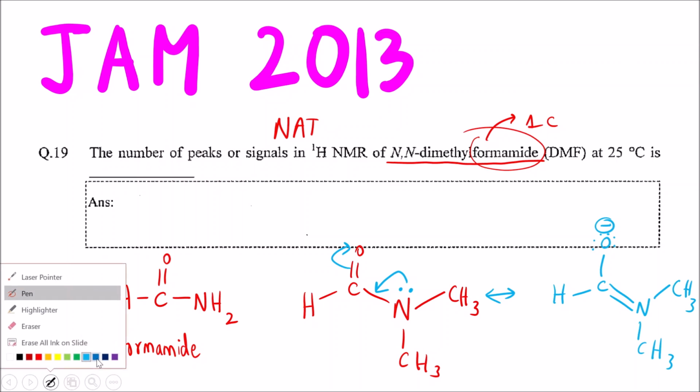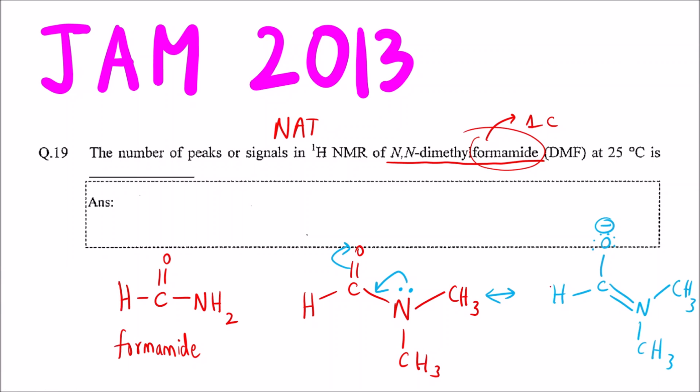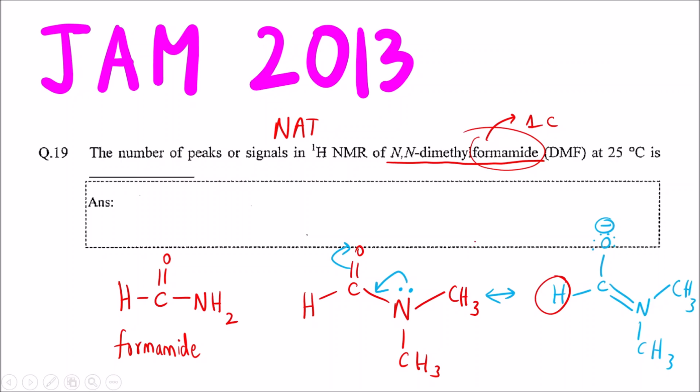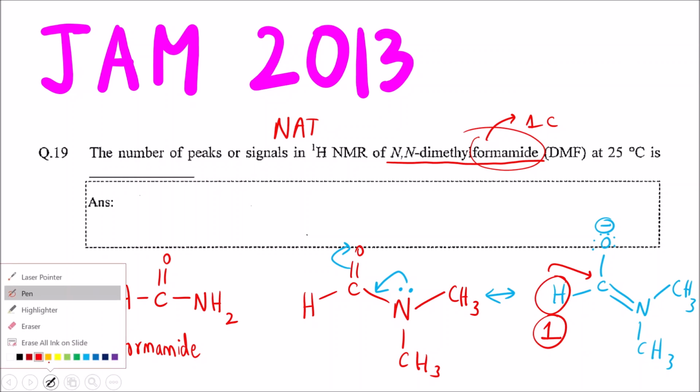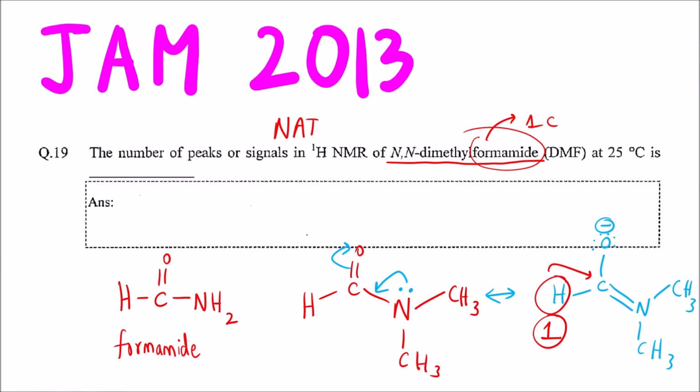Now if you see the chemical environment here, the hydrogen is attached to this carbon, so it is in a different chemical environment and will give one signal. This methyl group is cis to oxygen, but trans to the hydrogen.